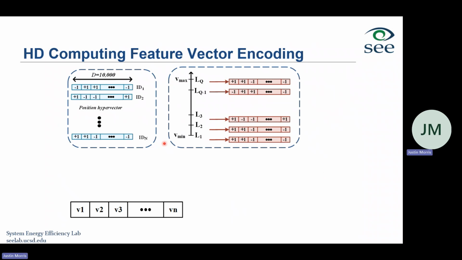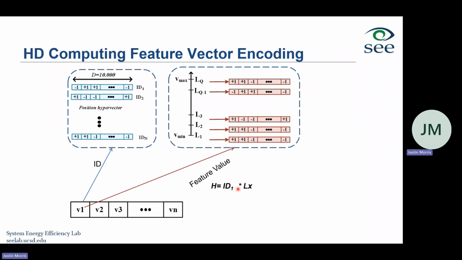And now that we know how these are made, we can encode. So first pixel value, we get the ID hypervector that corresponds to the first pixel value. And we take the value of the first pixel, look up the level hypervector that represents that value, and then we associate that ID hypervector with that value or level hypervector.